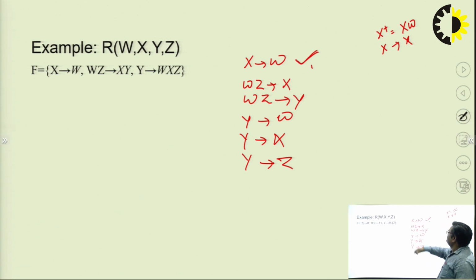Then we check WZ to X. We find the closure of WZ.